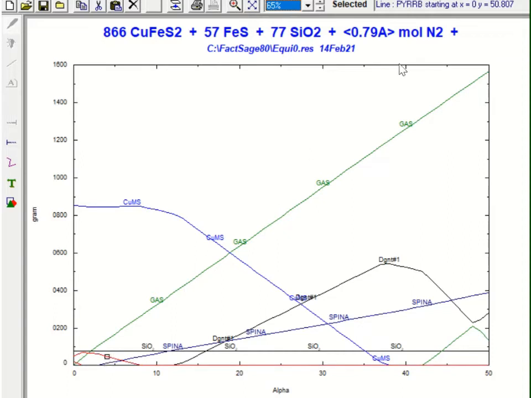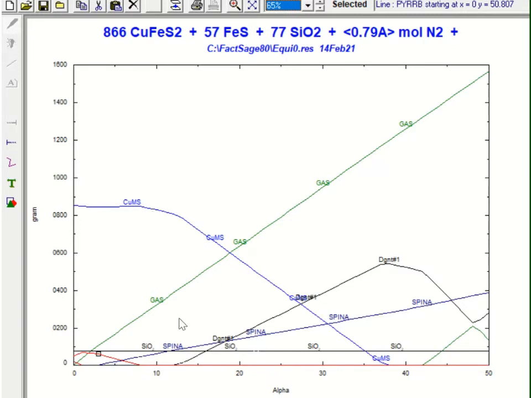If you click it, you can see that this is pyrrhotite, and then this one is spinel phase, and this is the degenerate phase, and then SiO2. So as I said, at 10, you actually convert all the pyrrhotite to the spinel and some other phase.